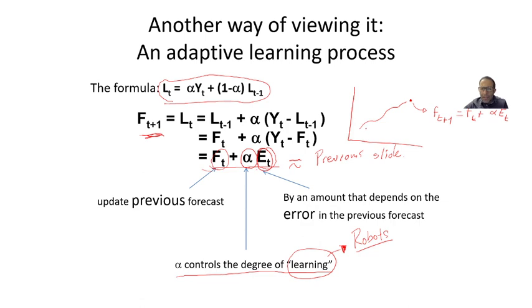So imagine that I do have a forecast, something like this. My forecast is around here. This is my forecast for time t, and this one here is time t plus 1.